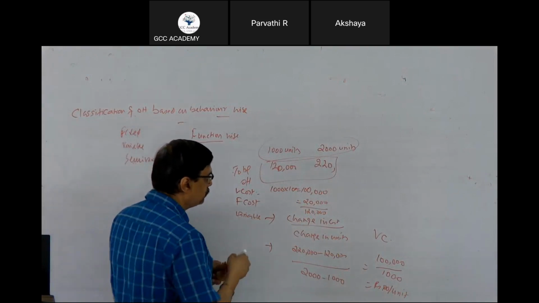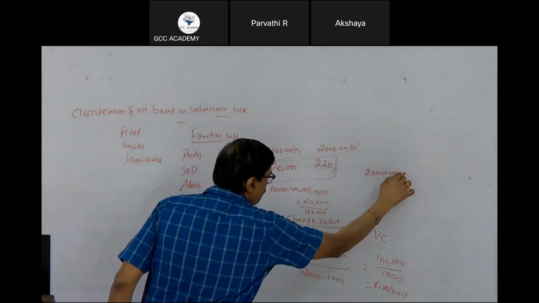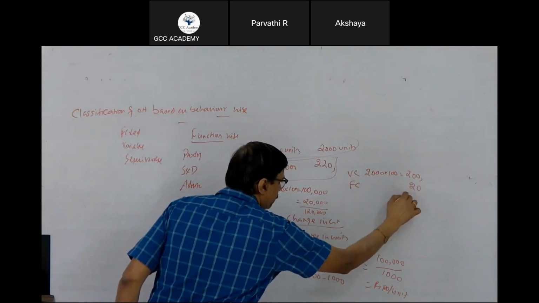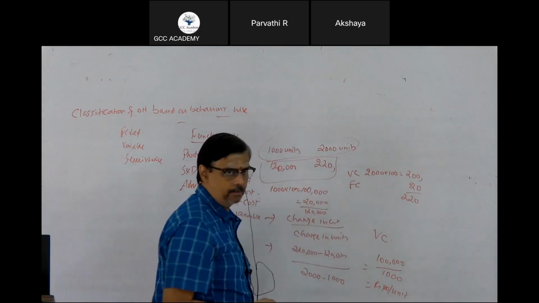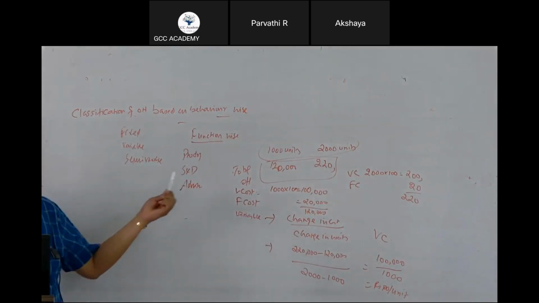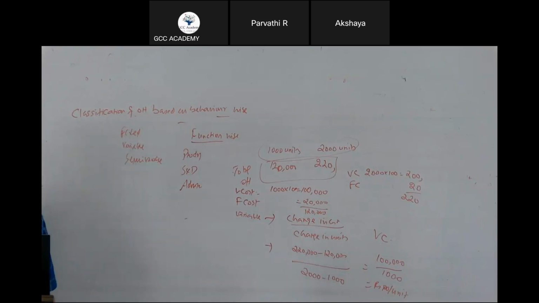Here you see there are 2000 units. So 2000 into 100 is how much? This is the variable cost. Then the fixed cost is what I already said. Understood, sir? Any doubt? How to segregate the variable component and the fixed cost component when they are given the total cost?